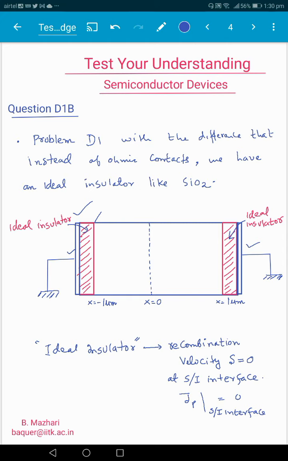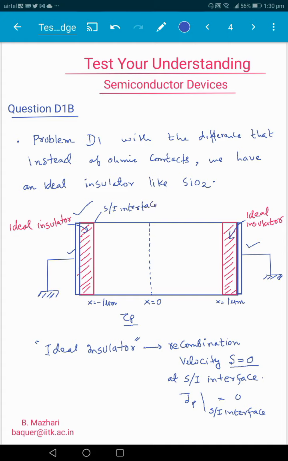And what we mean by an ideal insulator is that the recombination velocity S is equal to 0 here. Now, when we talk about recombination in the bulk, we usually describe it in terms of recombination lifetime tau p. But when we want to discuss recombination at a semiconductor insulator interface like this, that's characterized by a recombination velocity.